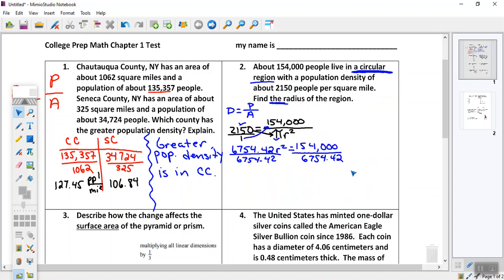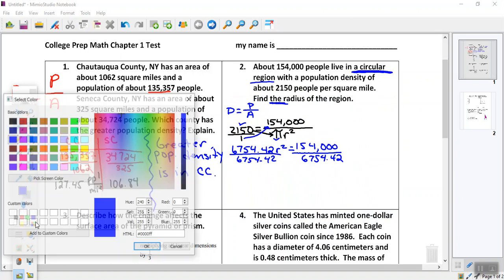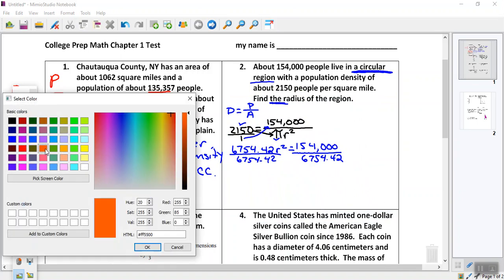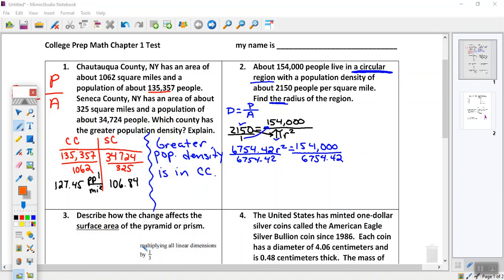Okay. Left side going to be r squared. How about the right side? What's that going to turn into? 22.8. Everybody agree 22.8?